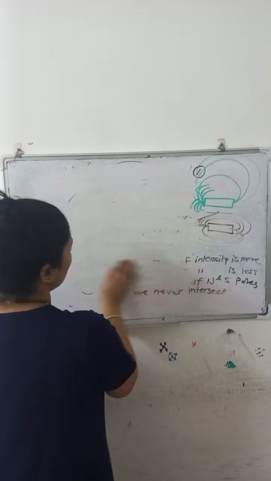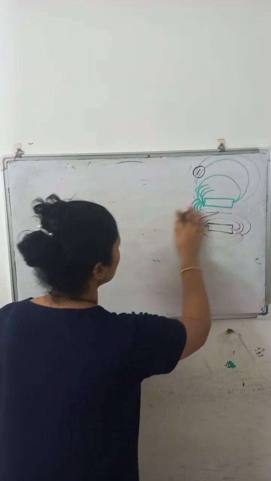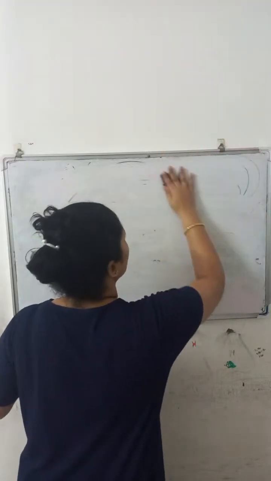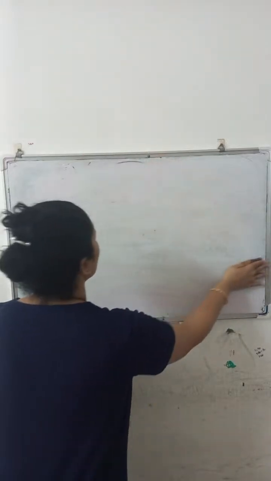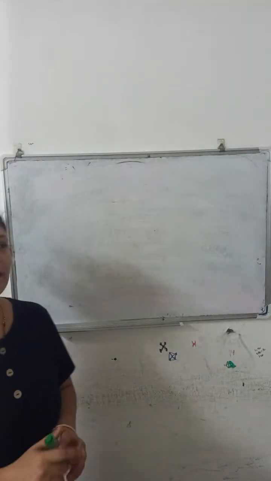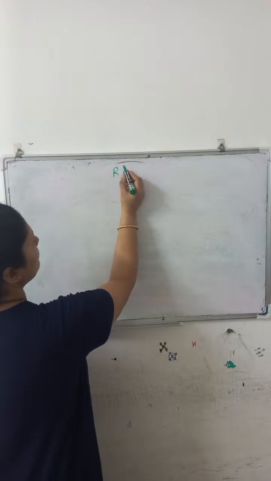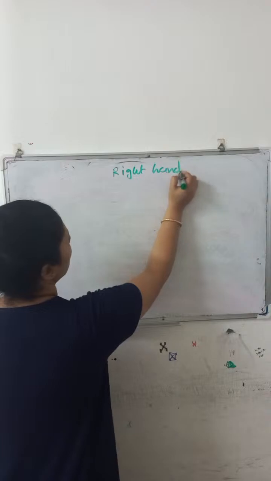Similarly here, whether the magnetic field lines are really going from north to south, or internally from south to north, we have to check it. So how can we check the field direction? If we want to find the direction of the magnetic field lines, we go for the right hand thumb rule. Very important, right hand thumb rule.